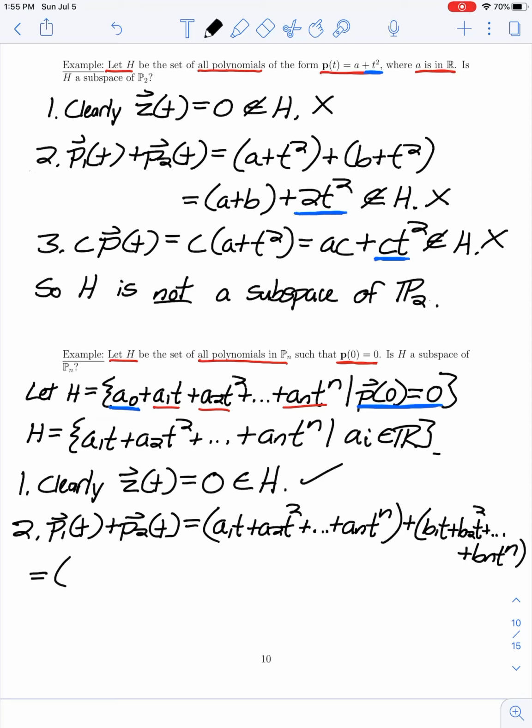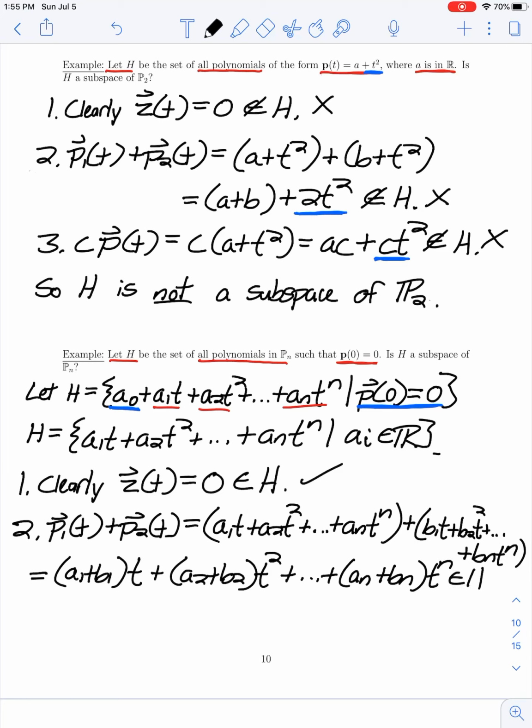And the sum of those two polynomials would be the polynomial given by (a1 plus b1) t to the first, plus (a2 plus b2) t squared, and so on, up through (an plus bn) times t to the nth, which is still an element of the set H, since the constant coefficient is 0.